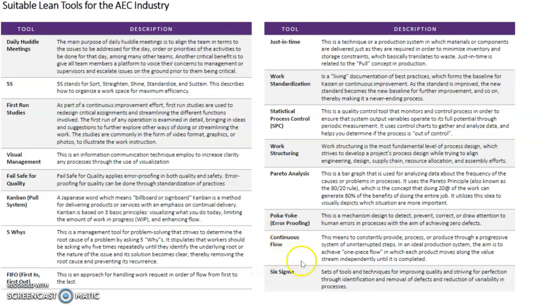We can also apply the Six Sigma concept to the construction industry, and that actually is a set of tools and techniques for improving quality and striving for perfection through identification and removal of defects and reduction of variability in the various processes.